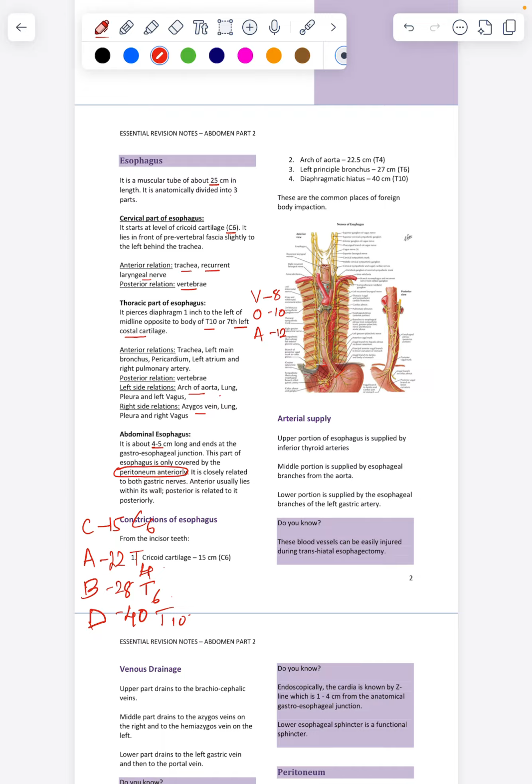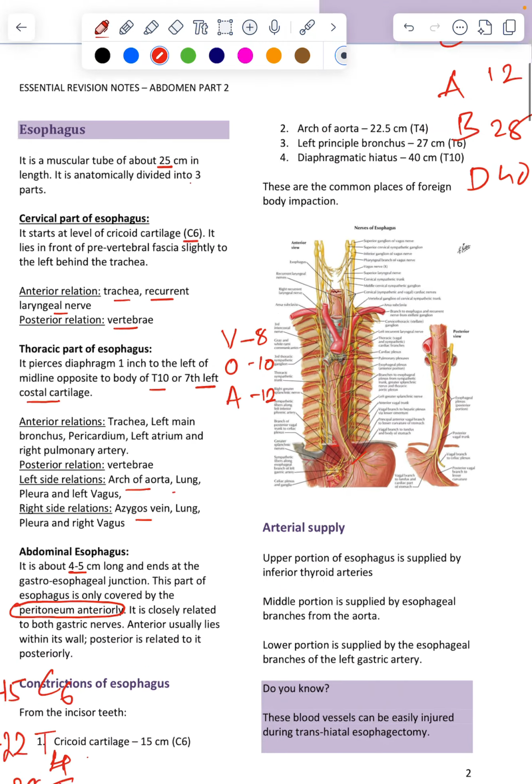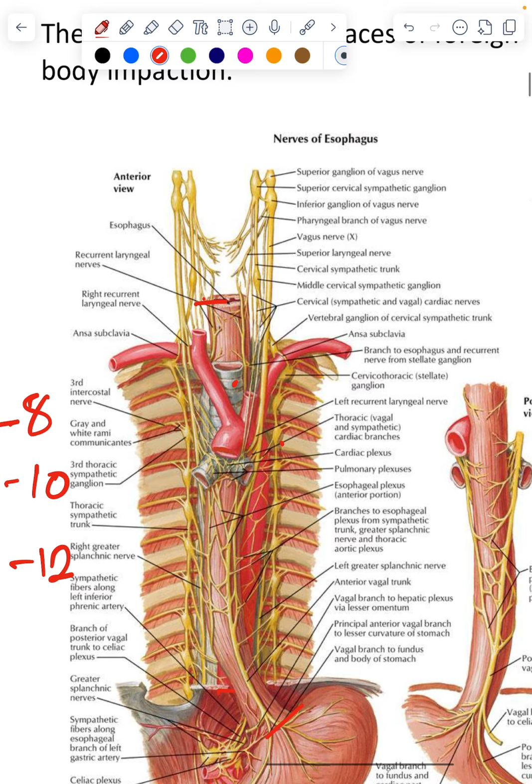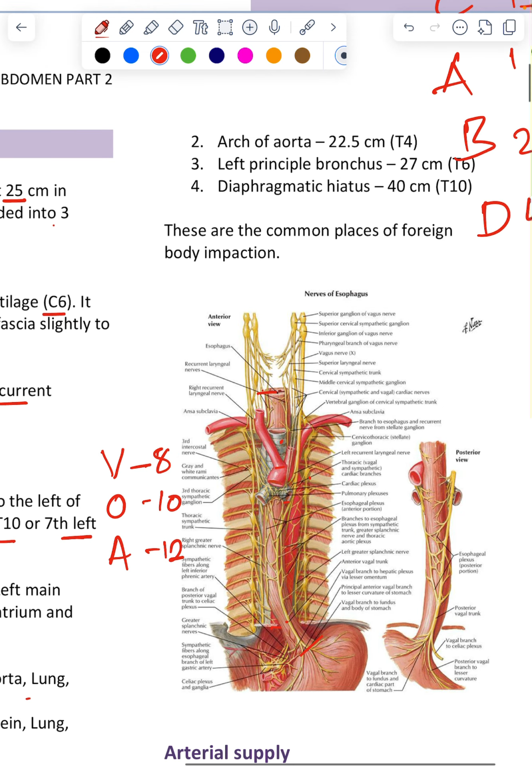Basically these constrictors 15, 22, 28, 40. So it has to start from the cricoid, C6. Then arch of aorta, left main bronchus. So cricoid, arch of aorta, left bronchus, and diaphragmatic.